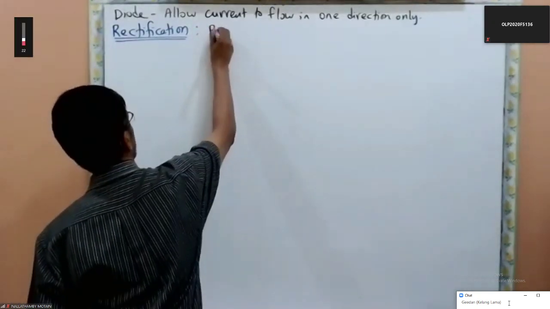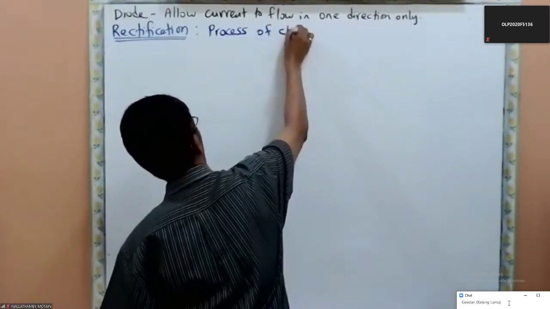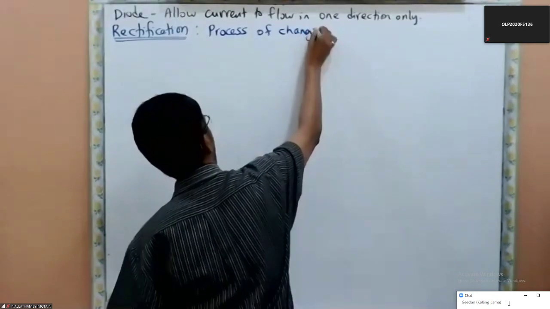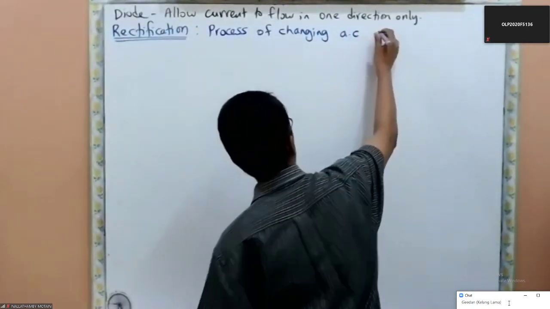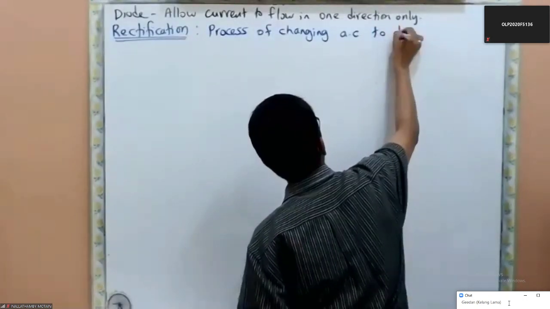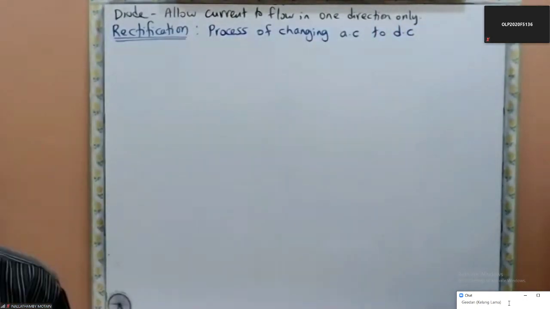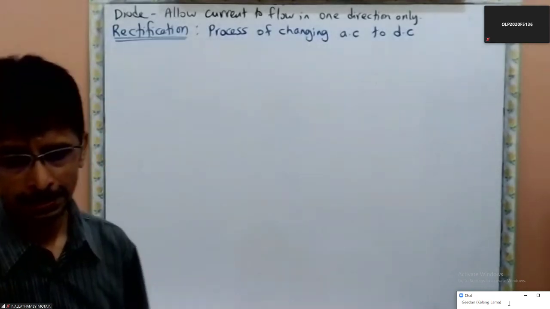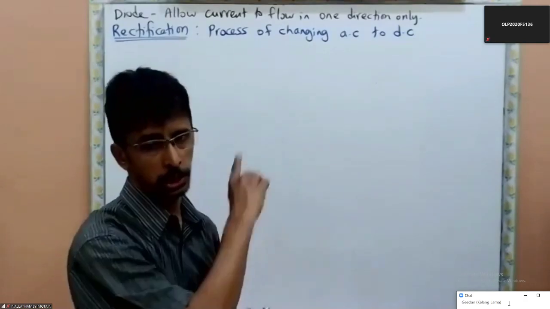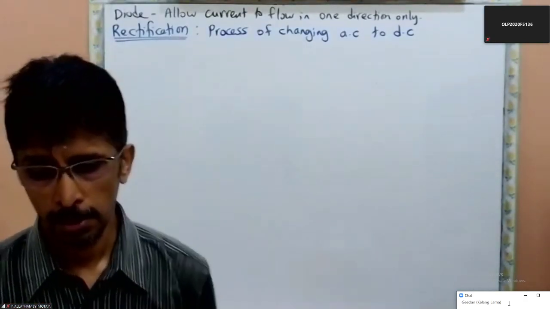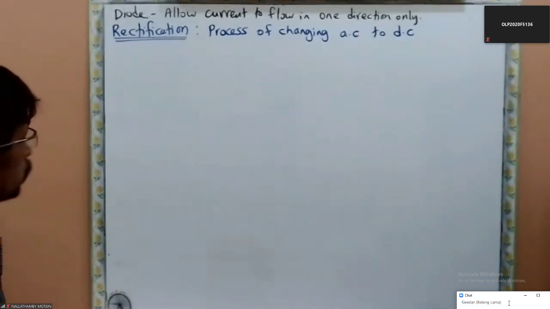Rectification is a process of changing AC to DC. But DC to AC cannot. Only AC to DC. Rectification is the process of changing AC to DC.